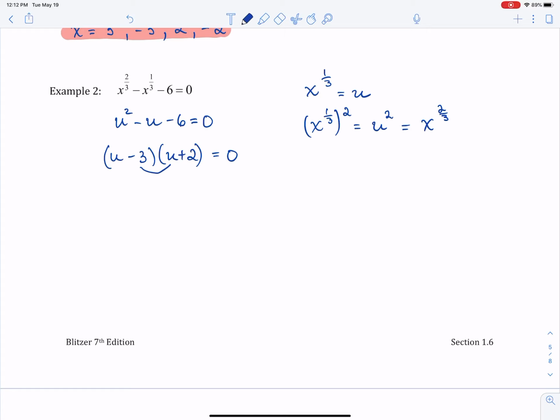Negative 3u plus 2u is equal to negative u, which I was looking for, so I've been working correctly. So again, based on the zero product property, u is equal to positive 3 or u is equal to negative 2, so 2 solutions.